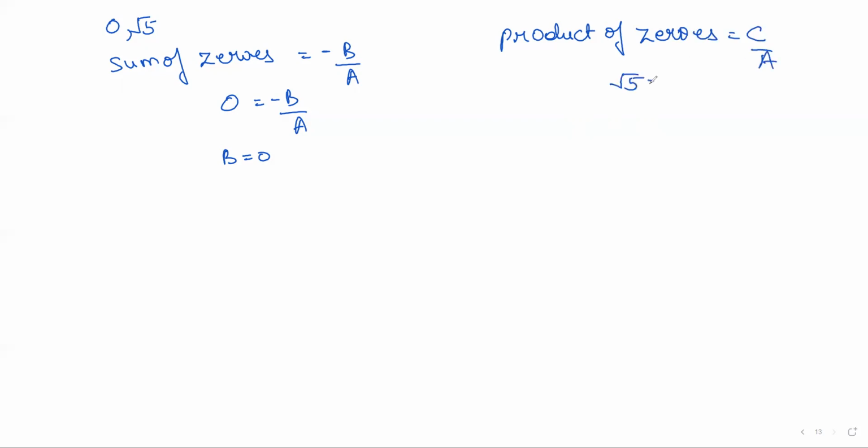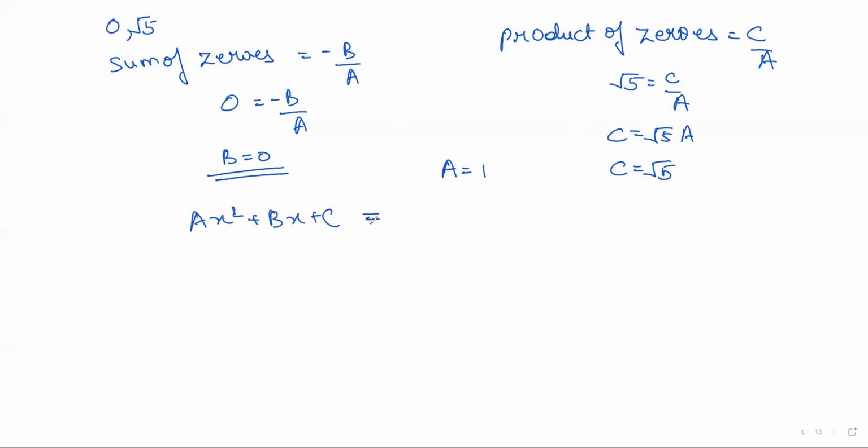Root 5 is equals to c upon a. C is equals to root 5 into a. For a is equals to 1, the value of b will still remain 0, but value of c will be equal to root 5. So your quadratic polynomial becomes ax square plus bx plus c is equivalent to x square. B's value is 0, so you need not write the second term. And the last value is root 5 plus root 5.